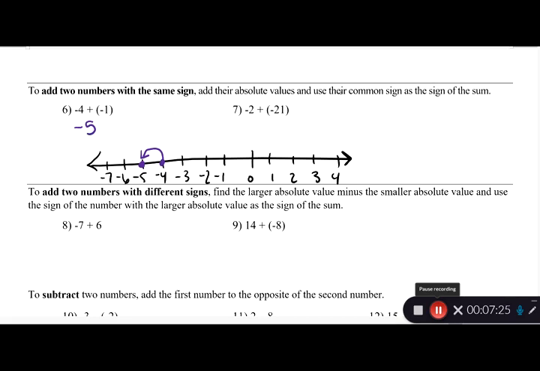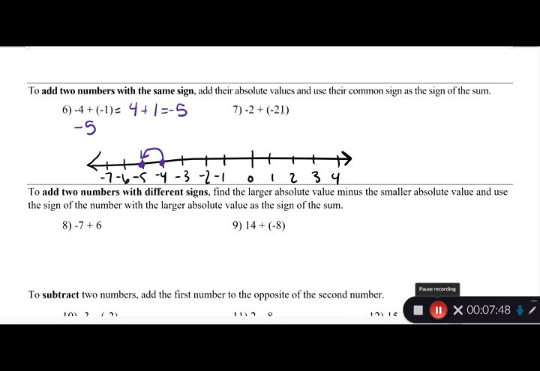Using what they say in the line here, you could take the absolute value of -4 is 4. Absolute value of -1 is 1. 4 plus 1 equals 5. And you use the sign from both numbers. Either method is okay. It's just what makes sense to you. A -2 plus a -21.